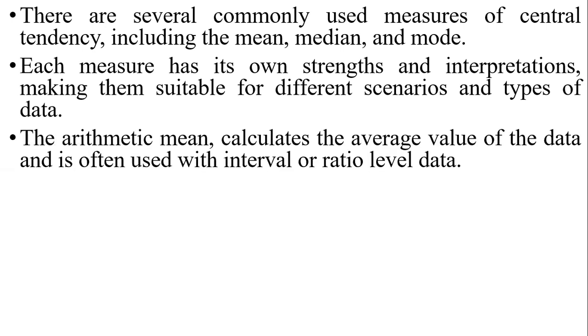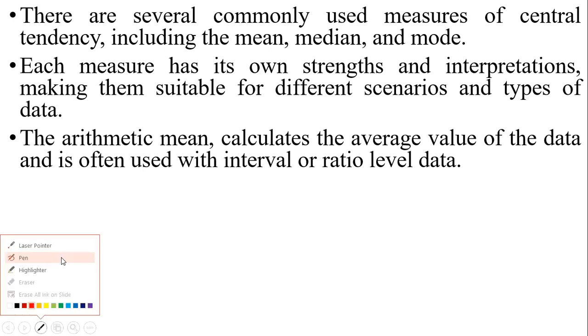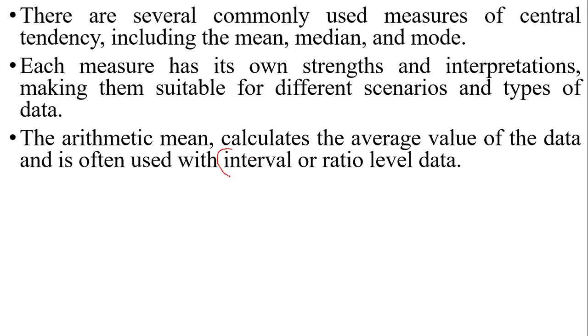The arithmetic mean, and I emphasize the arithmetic mean now because I'm becoming more specific, calculates the average value of the data and is often used with interval or ratio data. Here, it is very important for us to know that if we have interval or ratio data, we can easily use the mean.